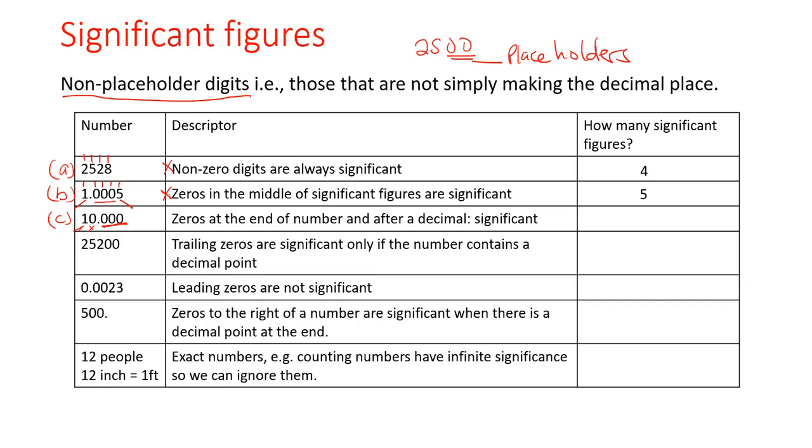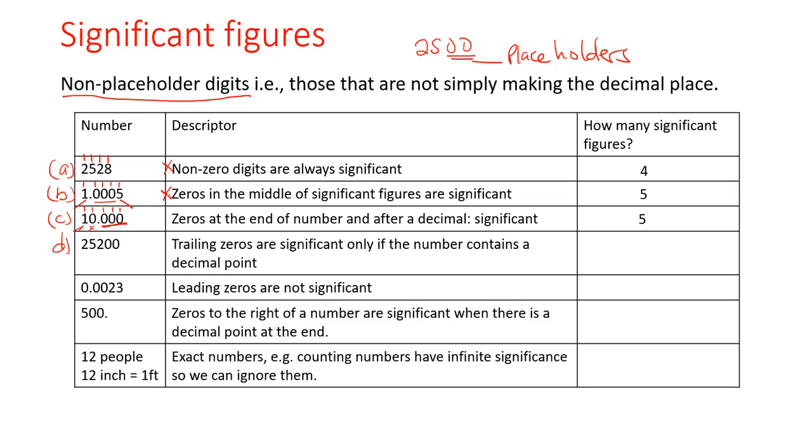So all these are significant figures. As a result, this number has 5 significant figures. So we are saying zeros at the end of a number and after a decimal point are significant.